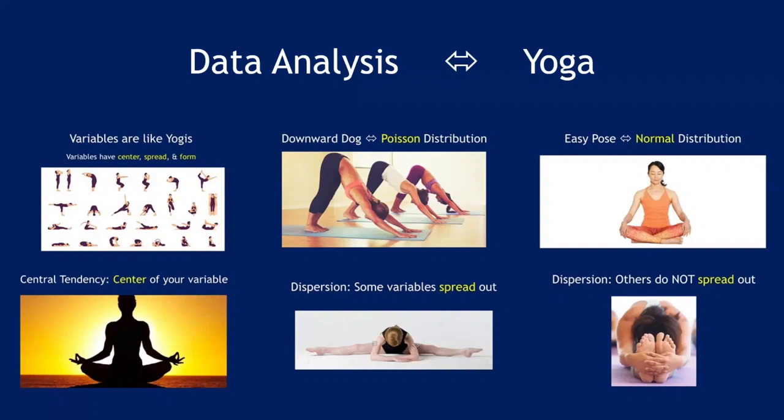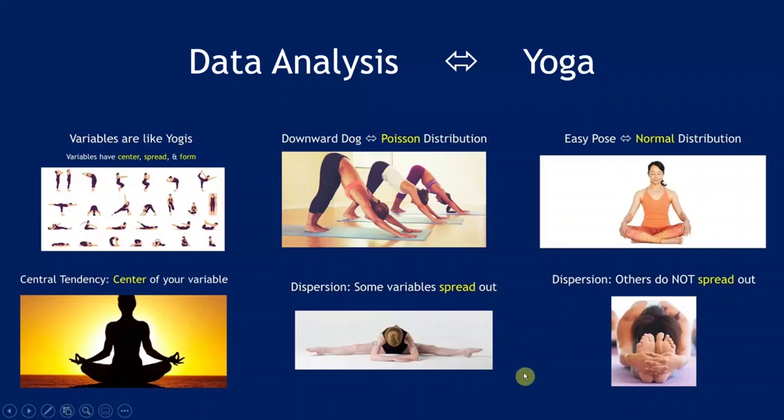Okay, so for example, every yogi has central tendency, which means they have a center. Okay, the variable, as you can see over here, is pretty balanced and symmetrical. And sometimes they're not, right? So this is not a very symmetrical shape, and it's tilting towards one area versus others.